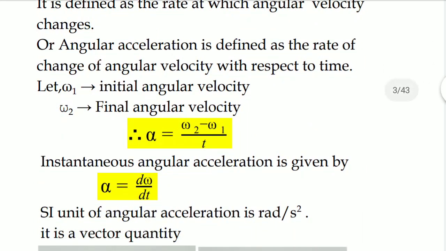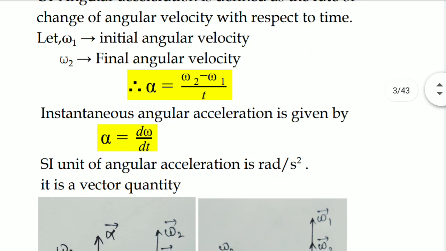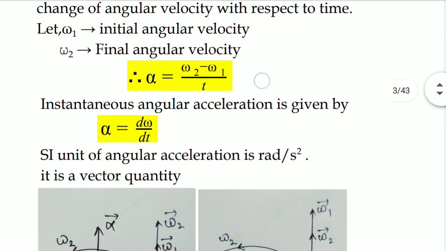If you say omega 1 is the initial angular velocity of the particle performing circular motion, and after time t the angular velocity changes to some new value called as omega 2, then alpha is equal to change in the angular velocity, that is omega 2 minus omega 1 divided by time t.